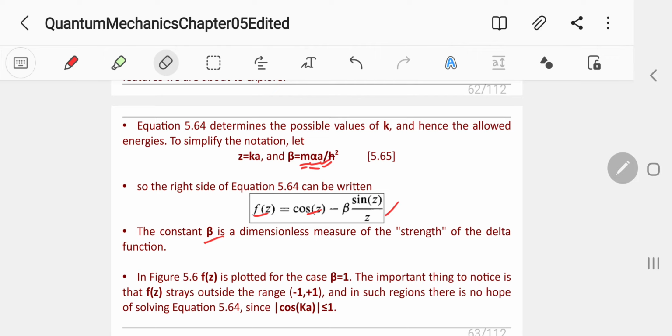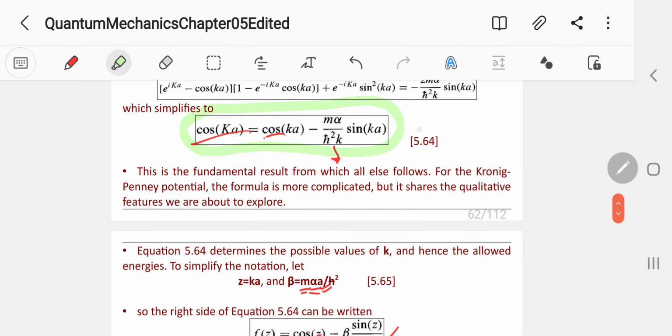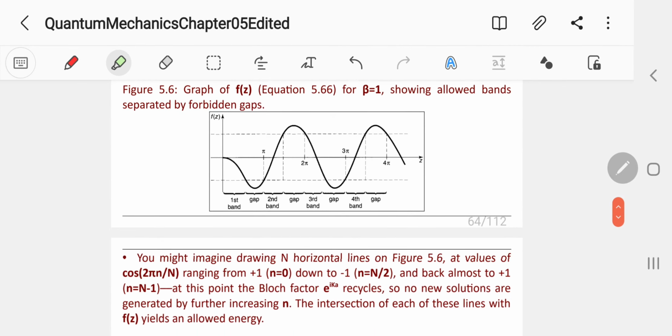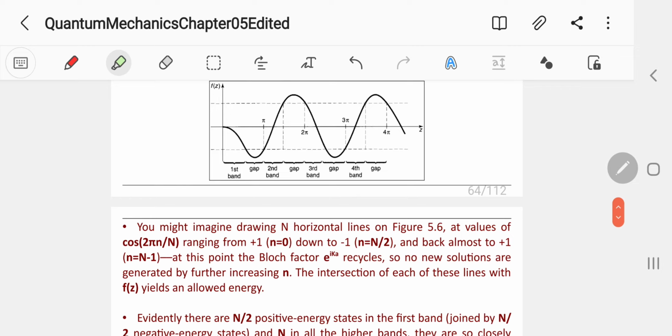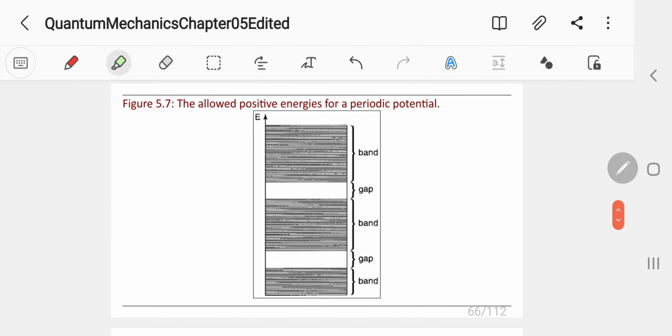So in that region, there's no hope of solving this equation here. That's why there are gaps, and those gaps are represented by this. If this is a very wide gap, that means you need a lot of energy to cross that gap into the other energy level.